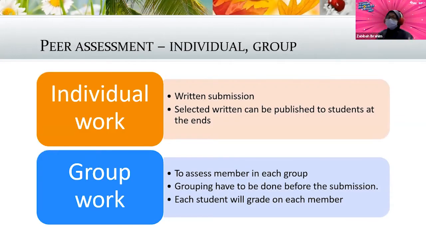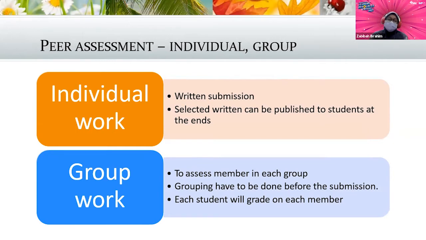So there are two types of peer assessment actually, in terms of the type of work that they are going to do. For example, for individual work, if the students are going to submit a written submission, the teacher will allocate all the submissions that were submitted by the students among the other students.